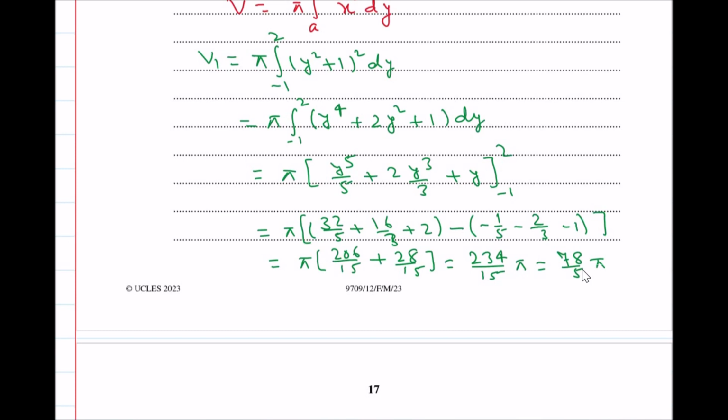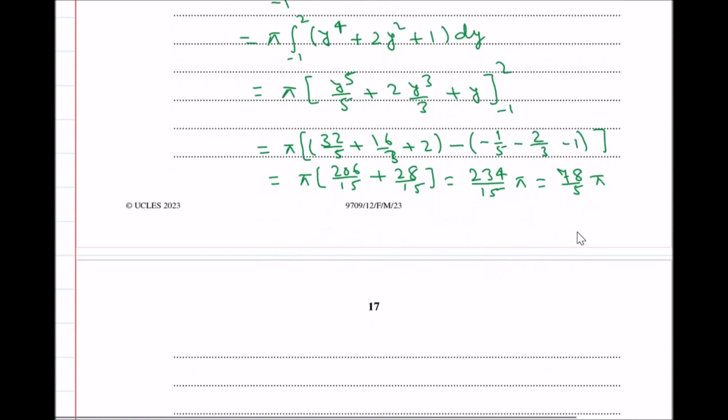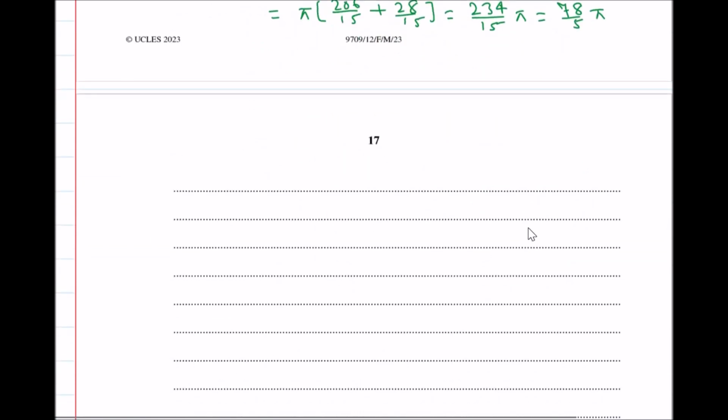Let us find V2 using the equation of the straight line AB. So here V2 is equal to pi, limits will be same, minus 1 to 2, and equation is now y plus 3 whole square dy.